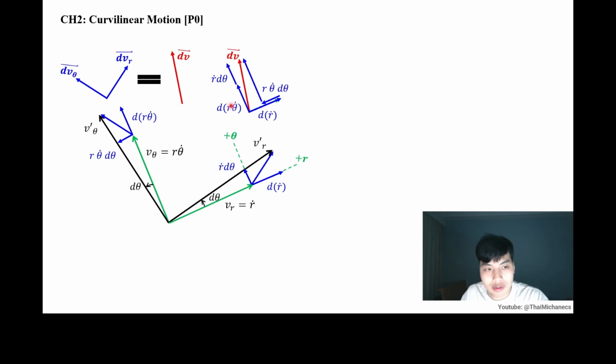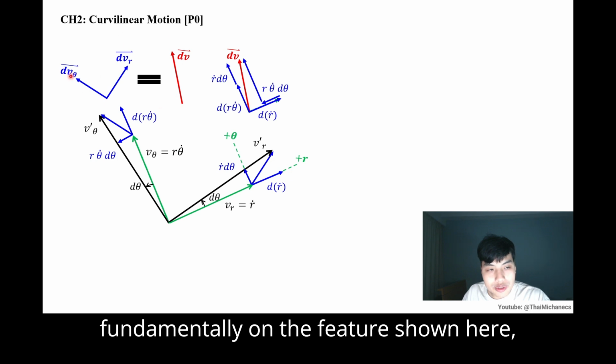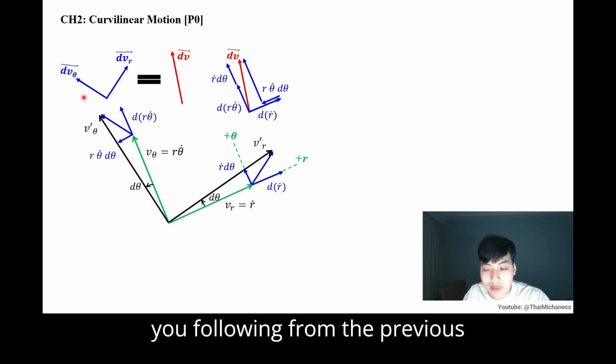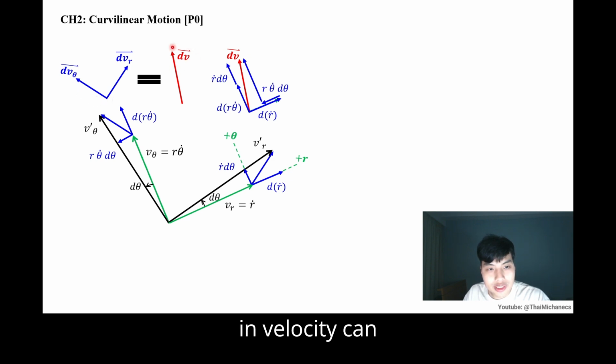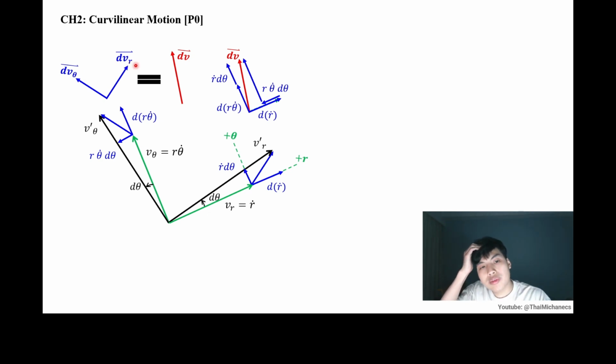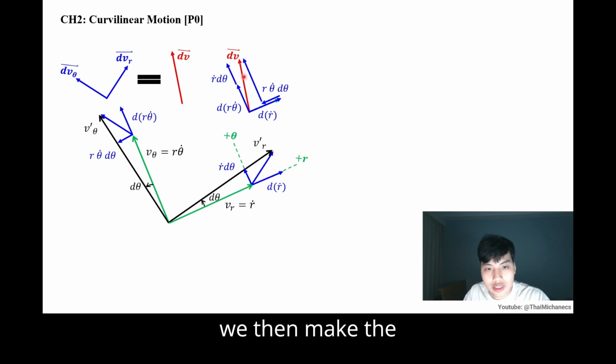complexity. Fundamentally, on the figure shown here, following from the previous video, you know that the difference in velocity can be expressed in theta or r components. We note how this vector shows in the theta axis and positive r axis.